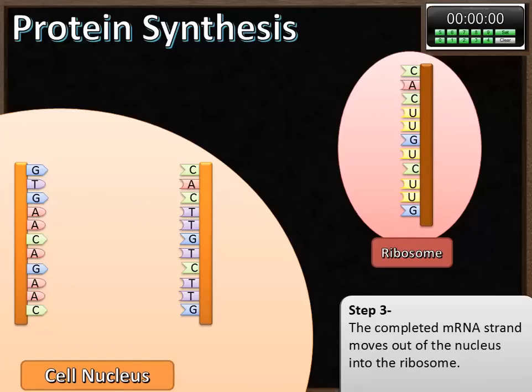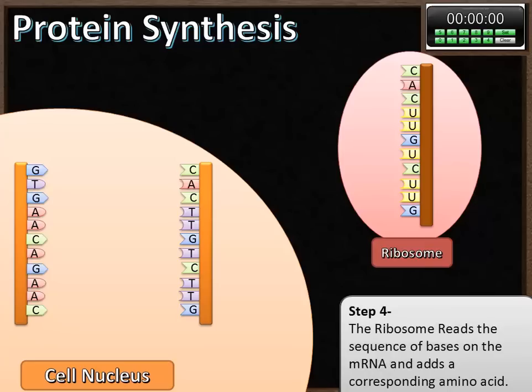Once the mRNA is in the ribosome, it can read sequences of bases, and it's going to look at 3 bases in a row. This is called a triplet. Once it's read those bases, each set of 3 bases has a corresponding amino acid that gets added. So our ribosome reads the first 3, and the correct amino acid is then added.